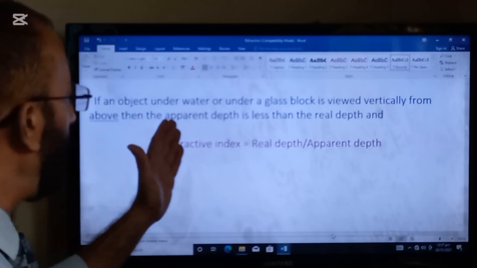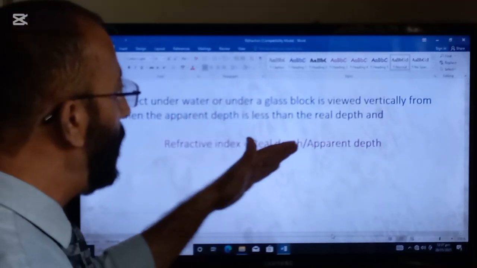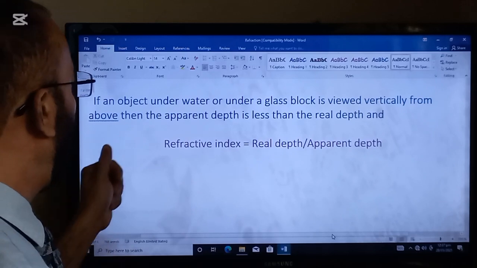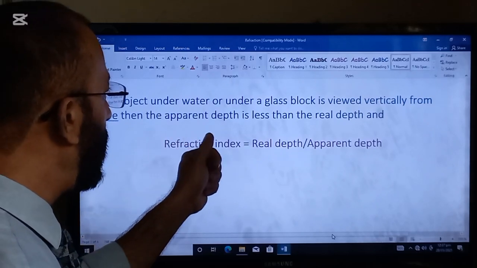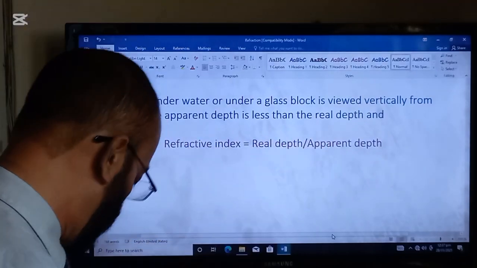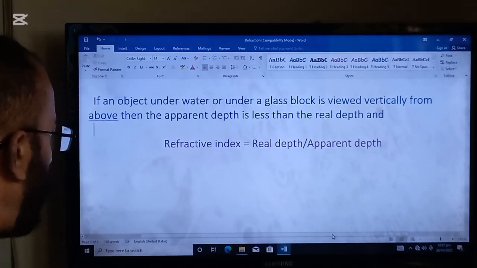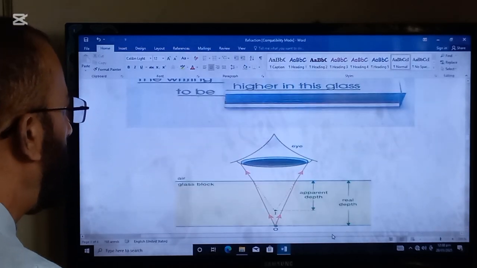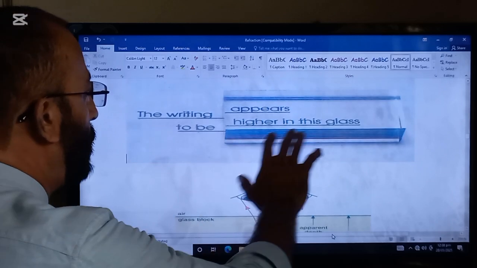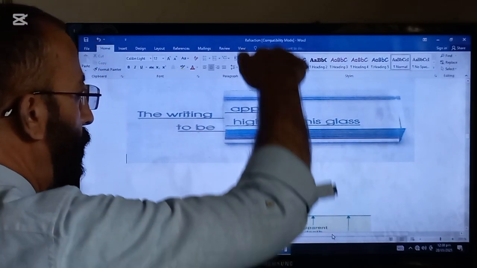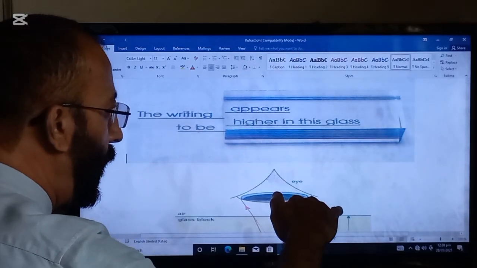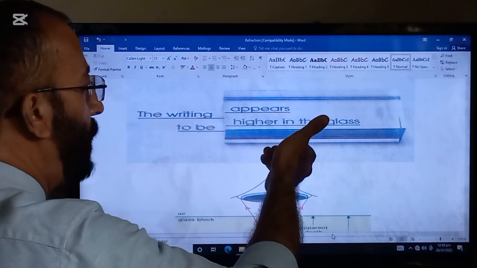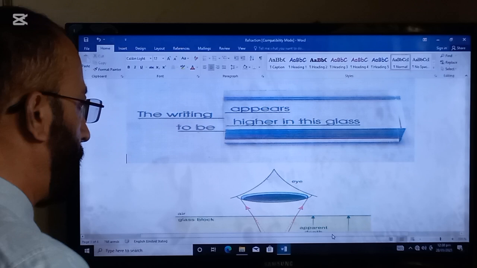If an object underwater or under a glass block is viewed vertically from above, then the apparent depth is less than the real depth. So I'm showing you a diagram now. For example, here is an object which is under the glass. When you look vertically above the glass, it will appear higher than the real depth.